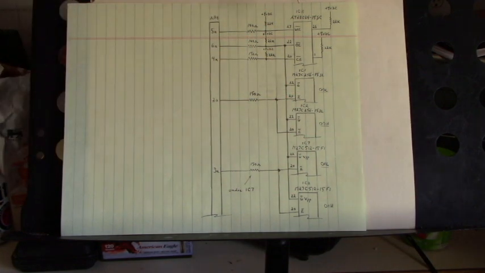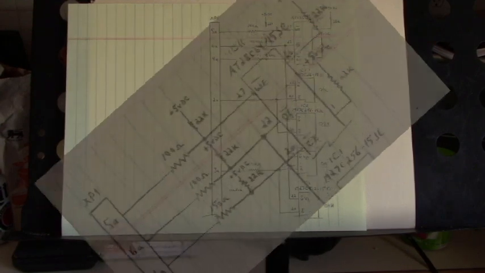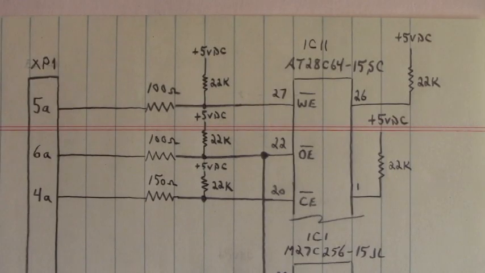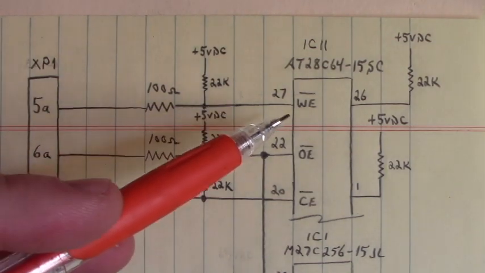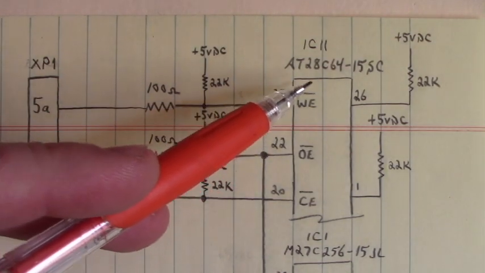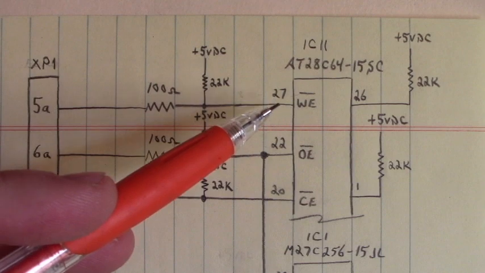So we're going to get closer to this circuit up here and see what's going on there. So you can take a screenshot of what's inside that Indramat software module. Now the write enable of the AT28C64 is on pin 27.